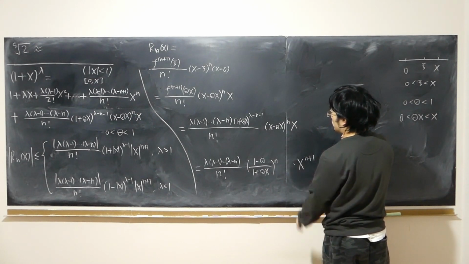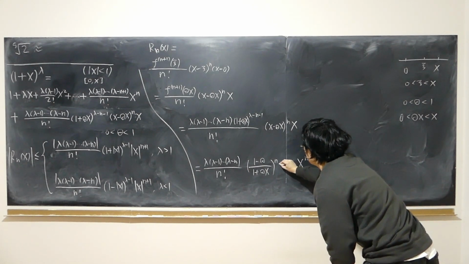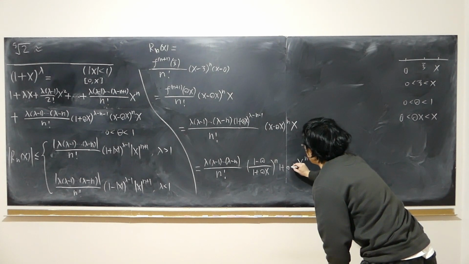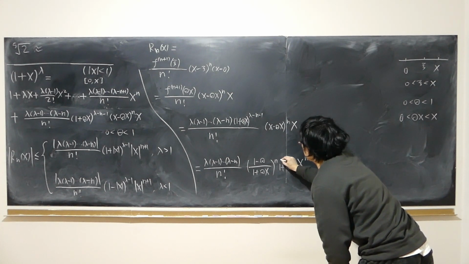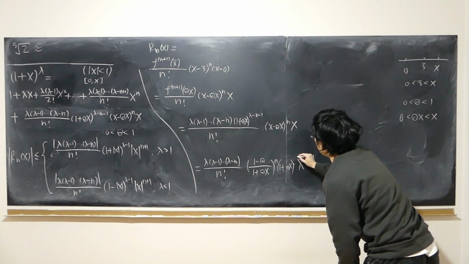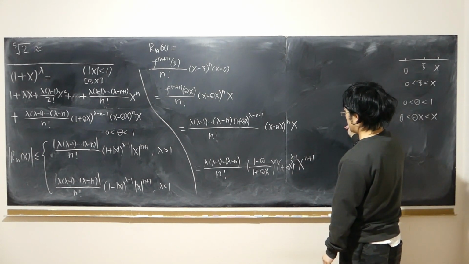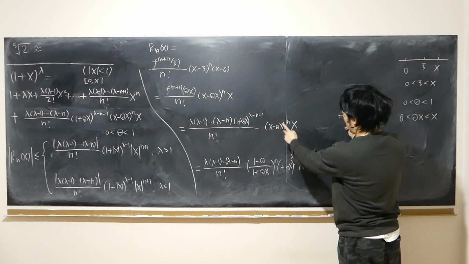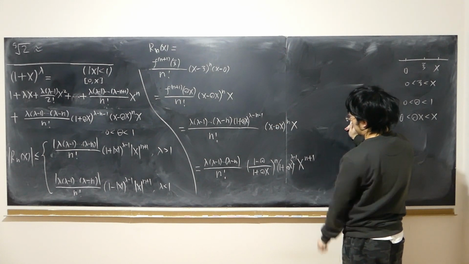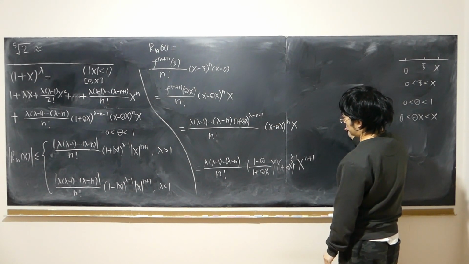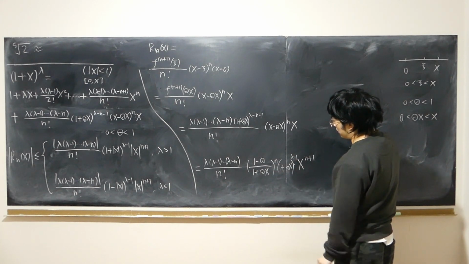So I multiply by 1 plus theta x to the power of lambda minus 1. And this is the Cauchy remainder.